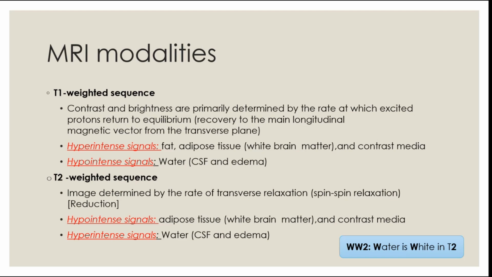Hypointense is water. Anything that has water would look darker on a T1 sequence. The opposite for T2: hyperintense would be water, and hypointense would be adipose tissue or fat. If you want to remember it, WW2, World War II: water is white in T2. This was from AMBOSS, so you can keep it in mind to remember it.